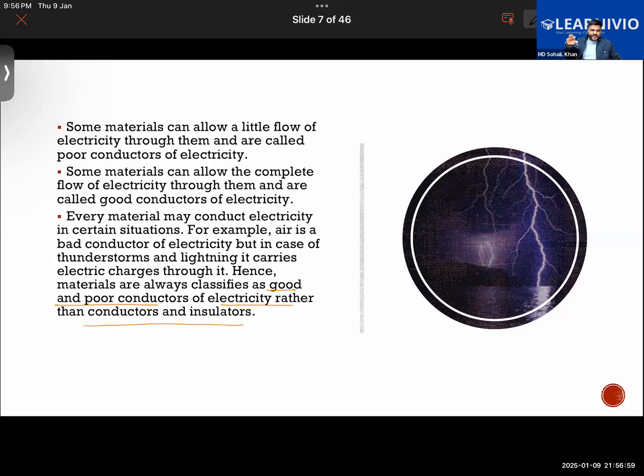So the basis of this discussion is that we should not be classifying a given material as an insulator or a conductor, but in fact always classify materials as good and poor conductors of electricity rather than conductors and insulators.